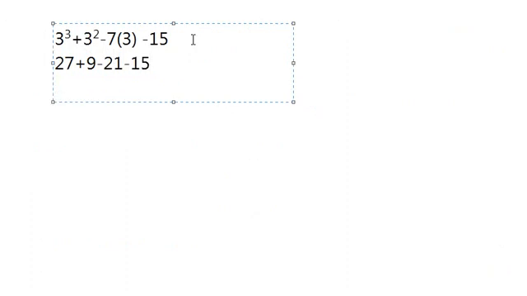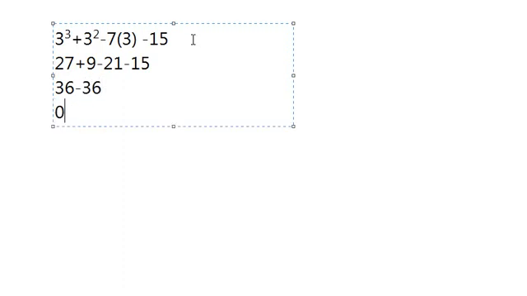If you add both positive numbers together, you get 36. If you add both negative numbers together, you again get 36, and so it equals 0. And because of the factor theorem, 3 is a root.